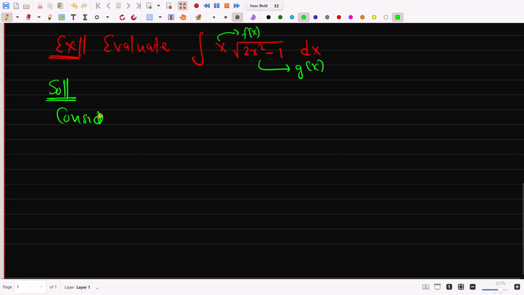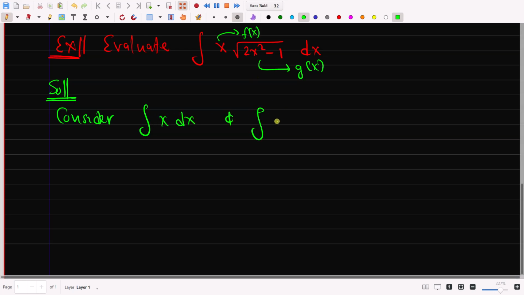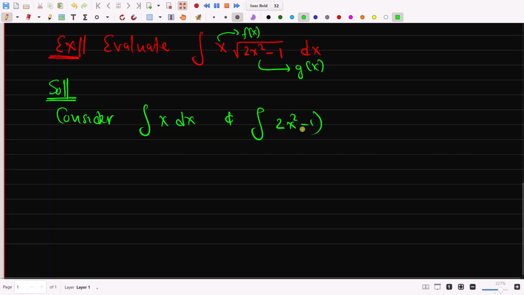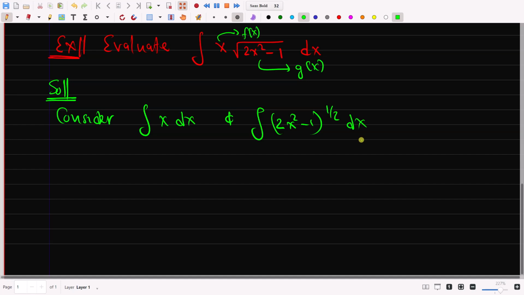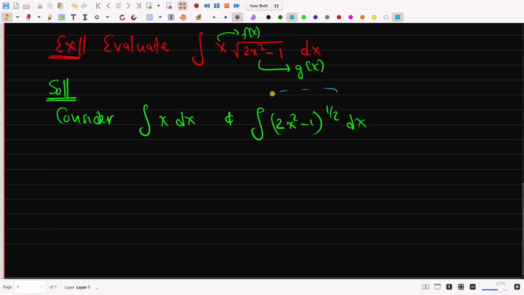What I'll do now is consider these two integrals separately: the integral of x dx and the integral of 2x squared minus 1 to the power of half dx. When you start analyzing these two integrals, you're going to realize that this integral, you cannot immediately integrate it.